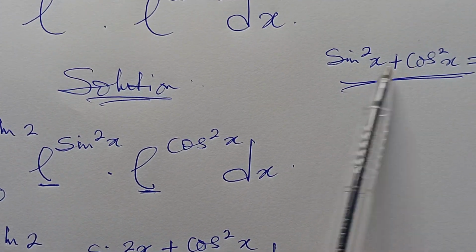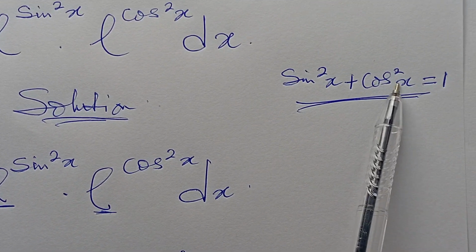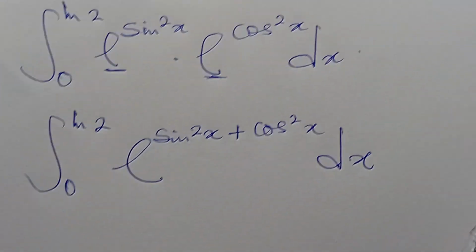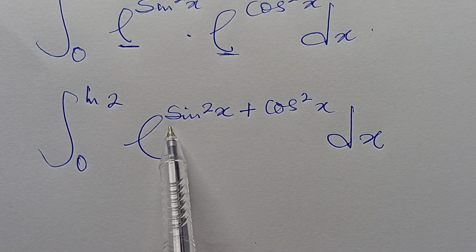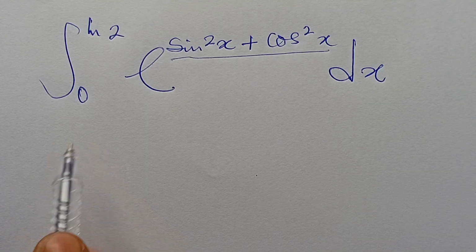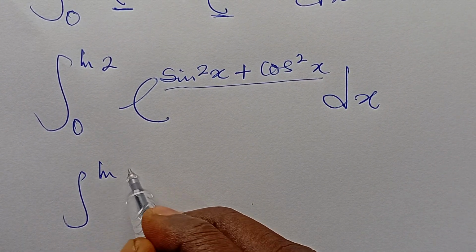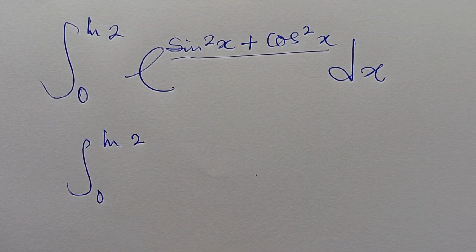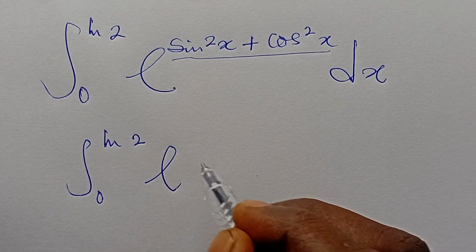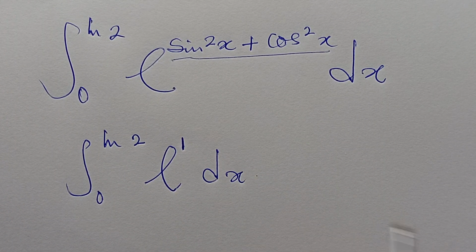Now you discover that everything on the left hand side is equal to 1 on the right hand side, so we can replace the whole exponent by 1. The whole expression is going to give us the integral with upper limit ln of 2 and lower limit 0 of e raised to the power of 1 dx.